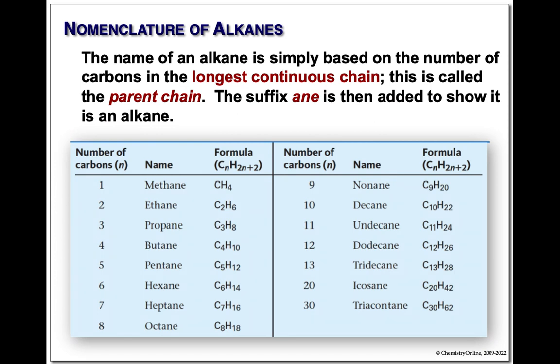Again, the simple formulas. You probably should know or have a good feel for the names, maybe up to 8. We don't go much above that, but up to 8, and they're fairly simple.